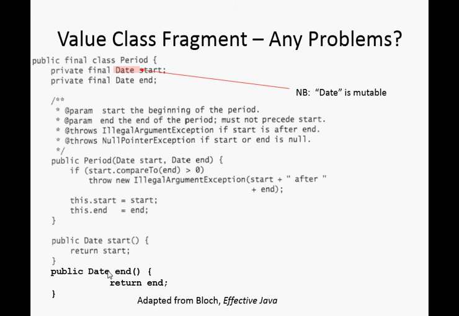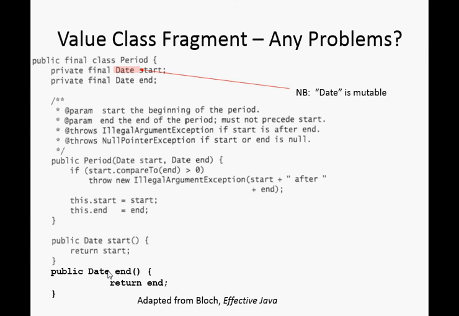Suddenly, the period's start date has been changed without its permission because it returned a reference to that date, which it's counting on internally, and it's a mutable object. It's returned a reference to a mutable object, and therefore, by extension, it is mutable.